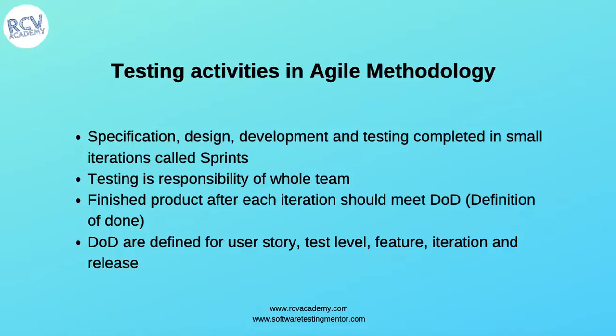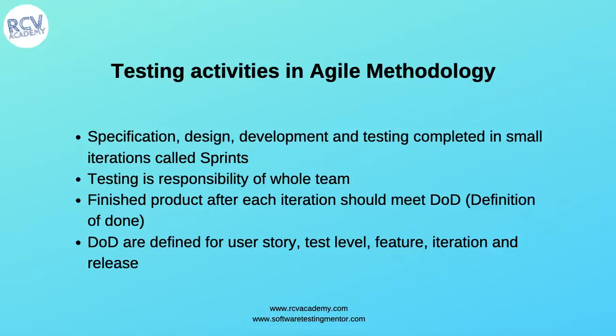That's the other major difference in Agile testing methodology: you have a definition of done defined for each story and for each iteration. Definition of done is nothing but what you can compare with the exit criteria in the V model. It is defined for user stories, test level, feature, iteration, and release. So there is a definition of done at each of the levels in Agile.